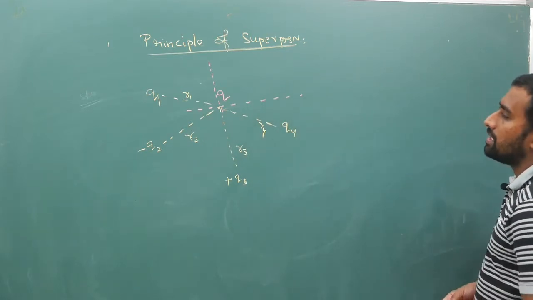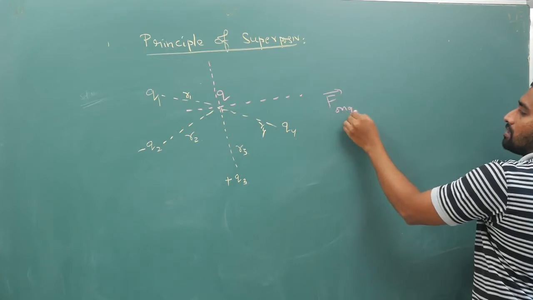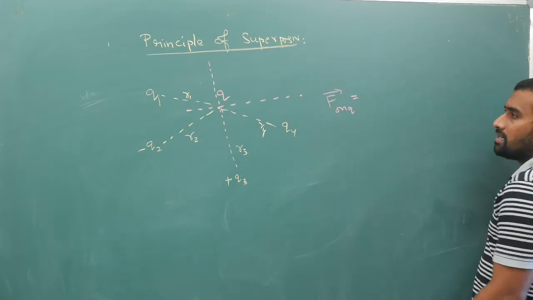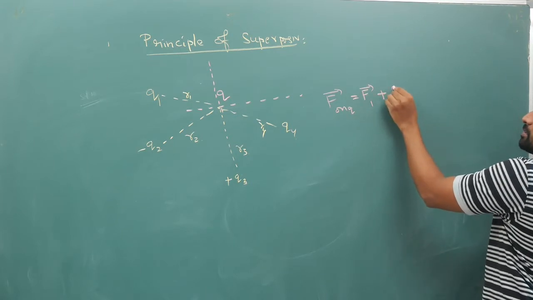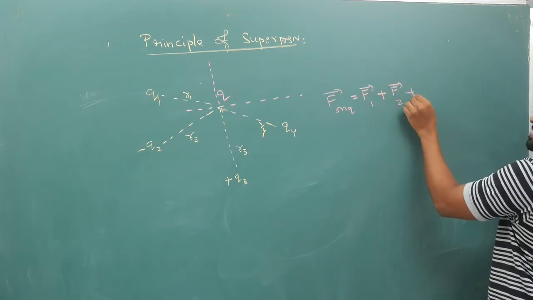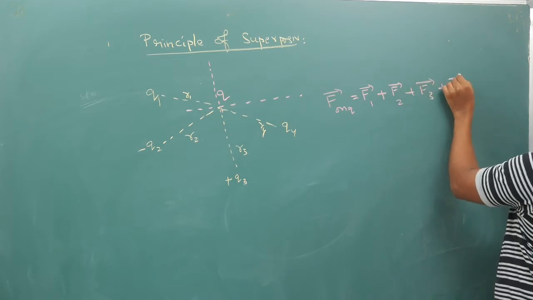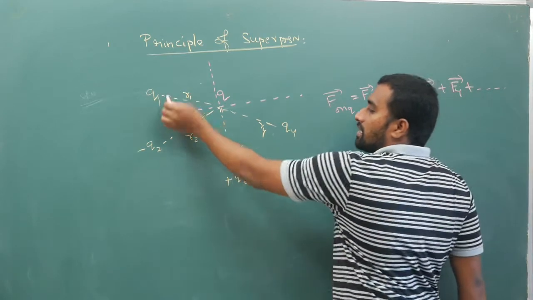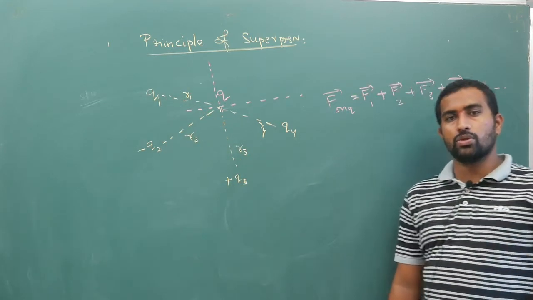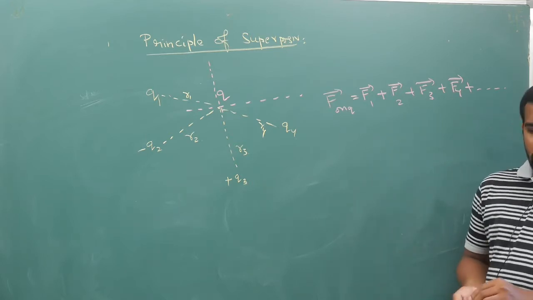Now if you ask me what is the resultant force on small q, it is the force from the first charge plus the force from the second charge plus the third plus the fourth and so on. Because of each charge, you are supposed to add them as vectors.